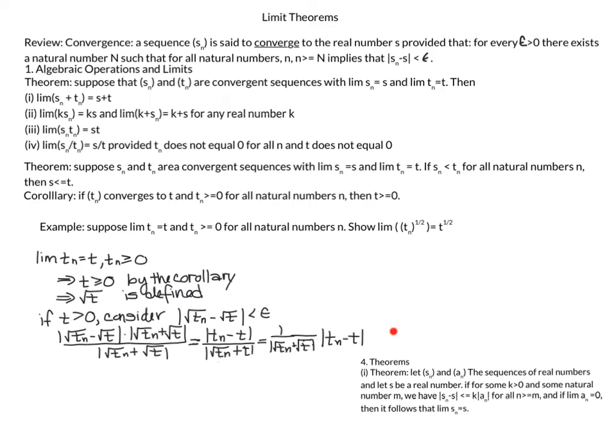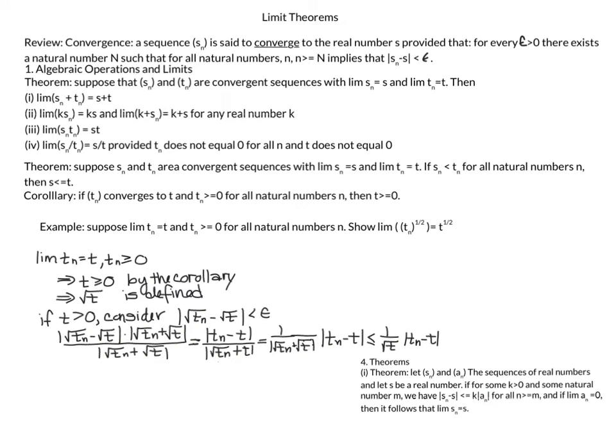So I have some other sequence here, and I want to make this look like a k, that is, a constant. What I can notice is that 1 over square root of T is always going to be larger than 1 over square root of T plus something else. If I add something to the denominator, it's going to be smaller than if I don't add something to the denominator. So I have this less than or equal to, which is what I was after to get to this form.